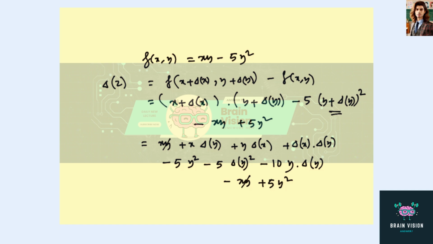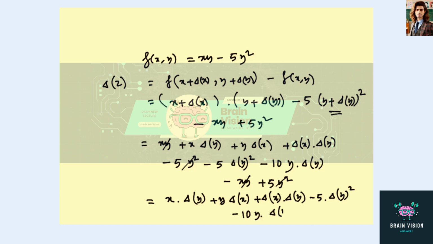So xy and xy cancel, and the 5y squared cancels as well. So now I have the terms x times delta y plus y times delta x plus delta x times delta y minus 5 times delta y whole squared, and then negative 10y times delta y.